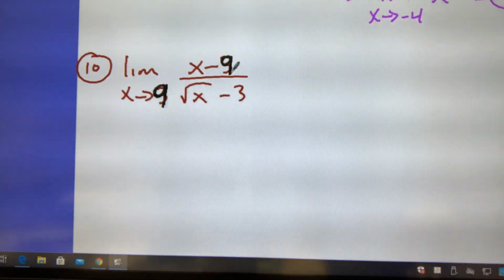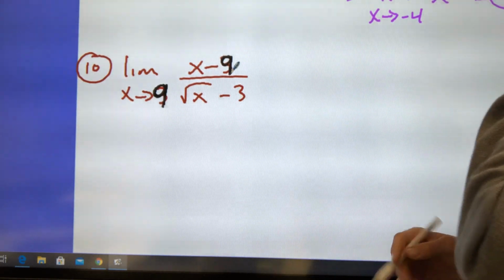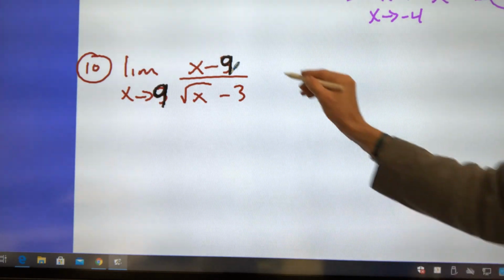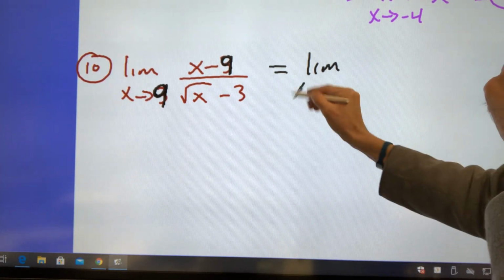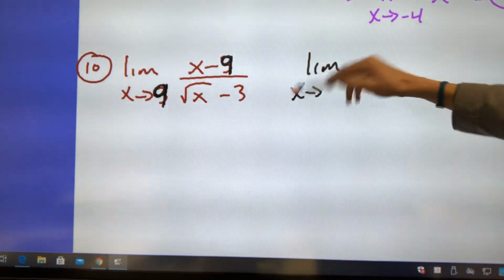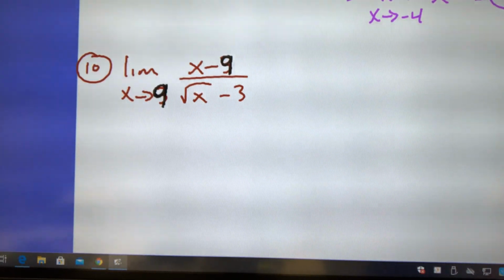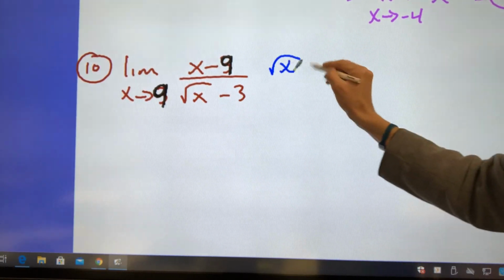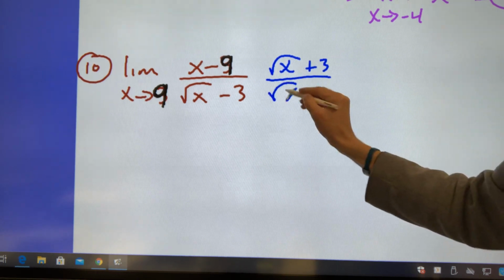All right, yeah, that was a typo. So x minus 9 over root x minus 3. Now when I plug 9 in, I am going to get 0 over 0. Okay, so the limit as x goes to 9, whoa. We're all over the place here. I gotta multiply top and bottom by that conjugate of the denominator. So root x plus 3, root x plus 3.